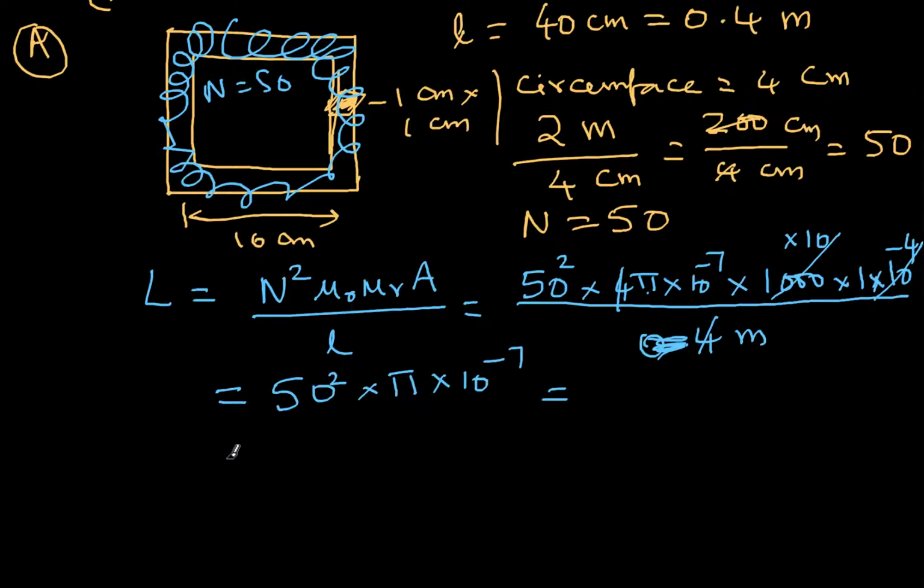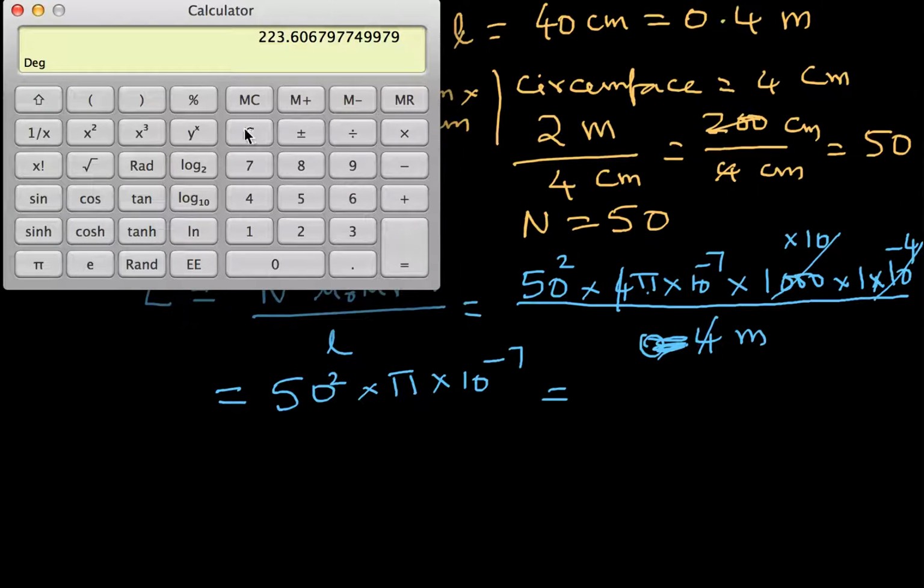Let's do this with the calculator. 50 square multiplied by 5, so I get this value. Then I have to multiply by 10 power minus 7.